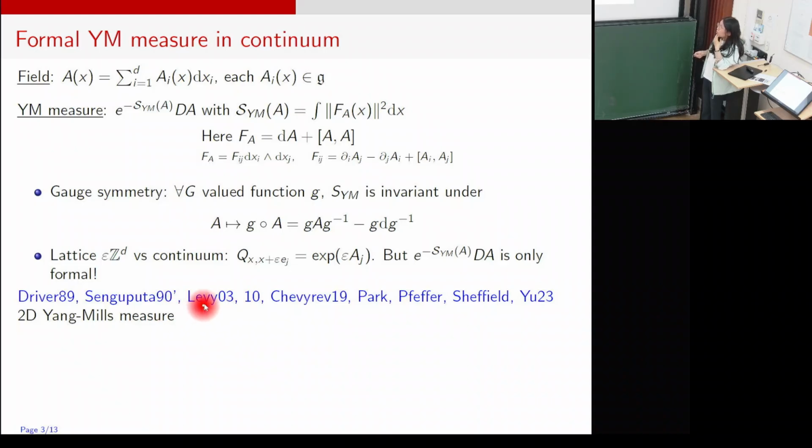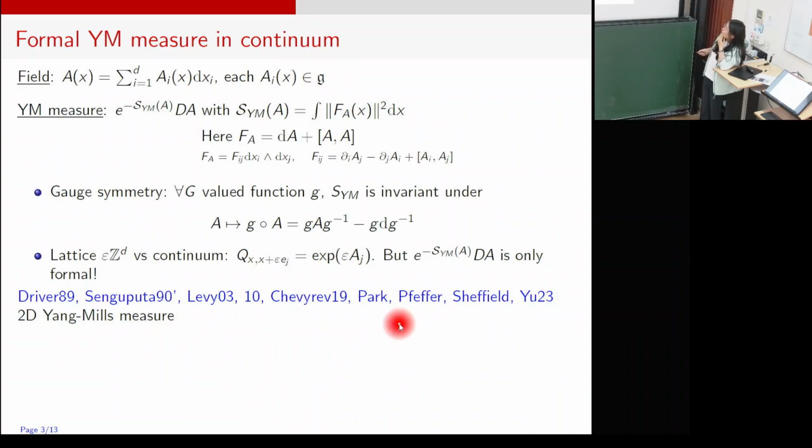And more recently, because Driver derived his formula based on the axial gauge and gave the joint law of the Wilson loops, Ilya also studied this from the lattice approximation, and he constructed a random connection A with better regularity using the rough path approach.